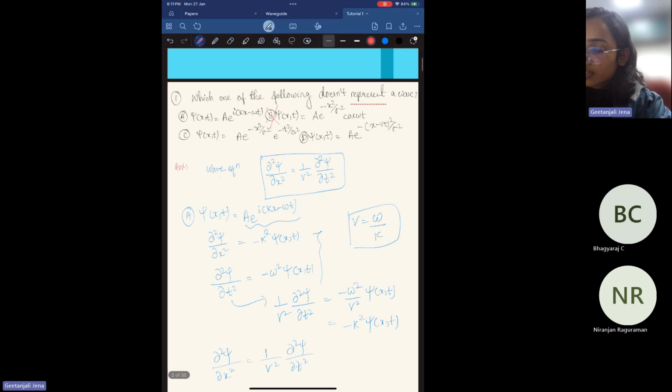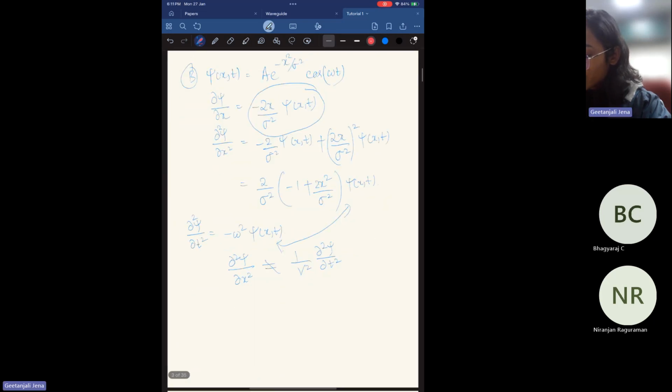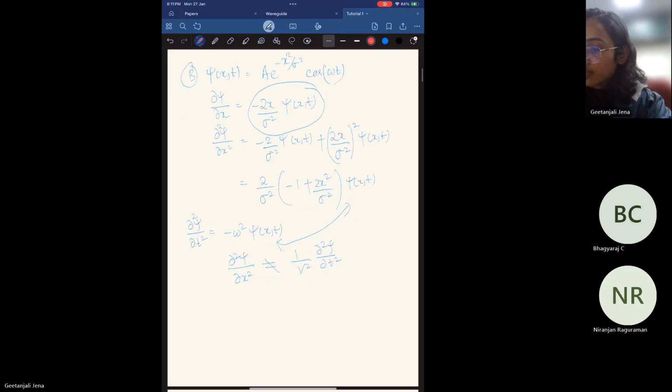Now if you see the third part, instead of cos we have e to the power minus t square by tau square. So let us see whether this satisfies the wave equation.